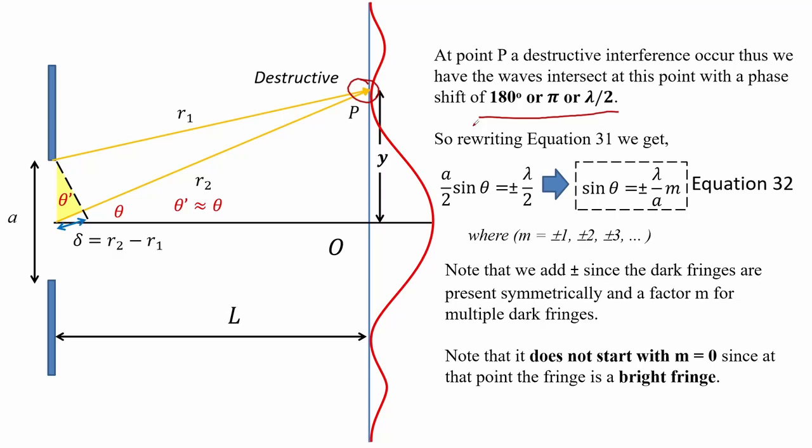So rewriting equation 31, we get equation 23, where m starts at plus or minus 1. Note that we add a plus and minus since the dark fringes are present symmetrically, and a factor m for multiple dark fringes. Note that it does not start with m equals 0, since at that point the fringe is a bright fringe.